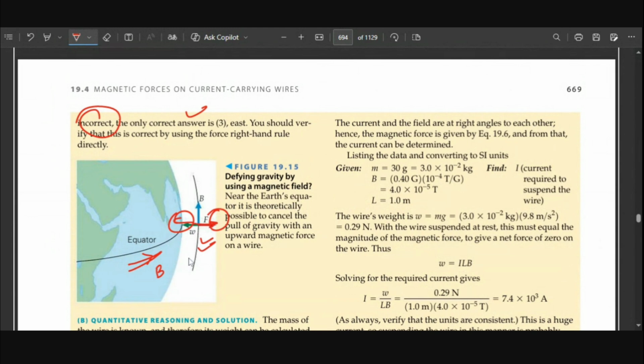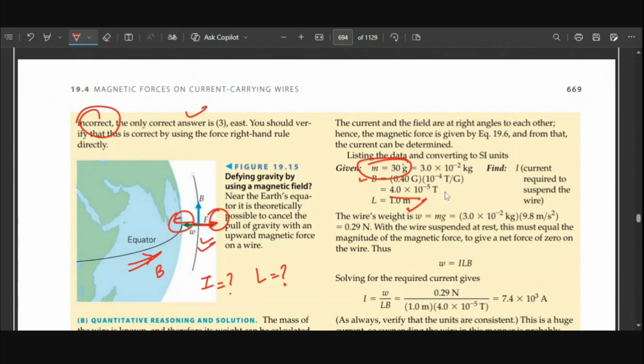The second part says, if it is possible, calculate the current, or the length as well. Assuming the mass of the wire is given as 30 grams, the magnetic field is 4 times 10 to the power minus 5 Tesla, because this is the Earth's magnetic field you can imagine at that point. Length is given as 1 meter.